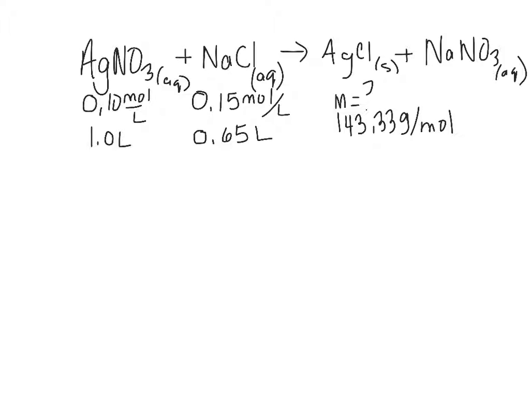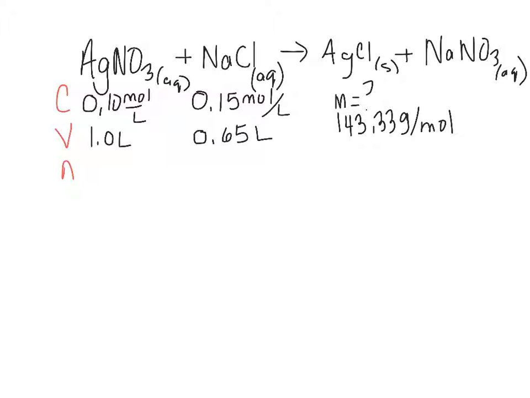All right. So we know C, we know V, so we can calculate N. All of our theoretical yields to date have been mass, molar mass. This one is concentration and volume.